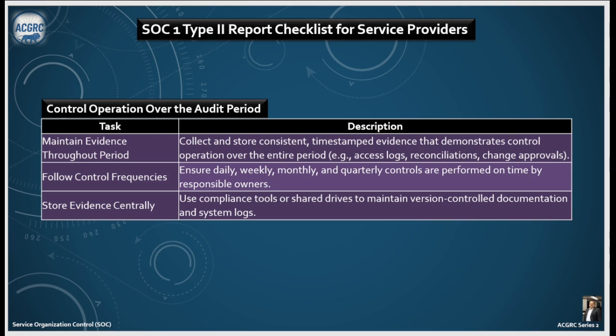Follow the control process frequency that you would have defined. You should be able to demonstrate the evidence or anything which would be required to demonstrate. The auditor will trust you, but the duty is also to verify. So trust, yes, given, but verification is something that they will have to do to ensure that the trust is maintained. Now, evidence needs to be centrally stored.